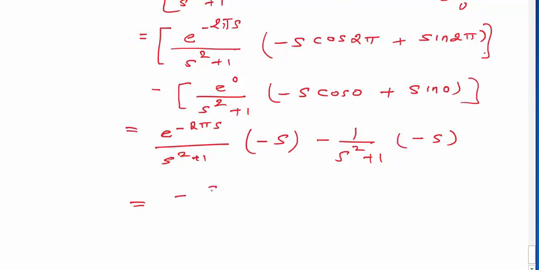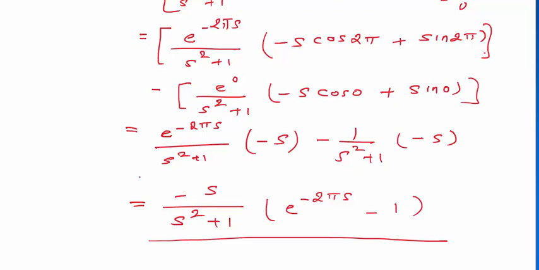That whole thing I can take common, so I will say minus s upon s square plus 1, and in this bracket I have e power minus 2 pi s, and this will be minus.